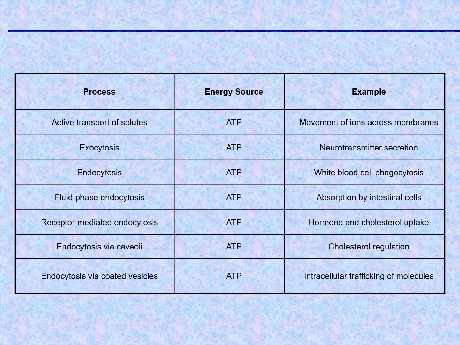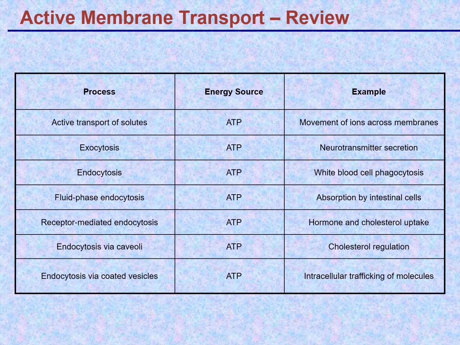All right. This is a table that lists all different kinds of active membrane transport mechanisms. Energy source, obviously, if it's active transport, the energy source is always ATP. All these are active, so they all require energy. Here are some examples. I haven't gone through all of these, but there is active transport of solutes. That's movement of ions, and I talked about that with the sodium-potassium pump, for example.